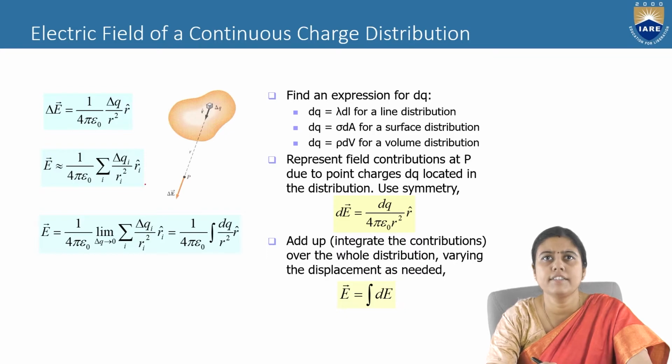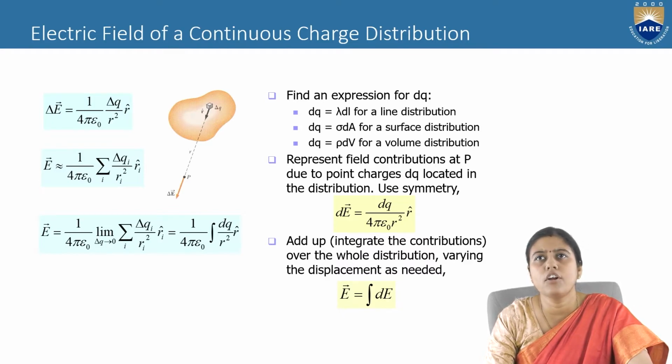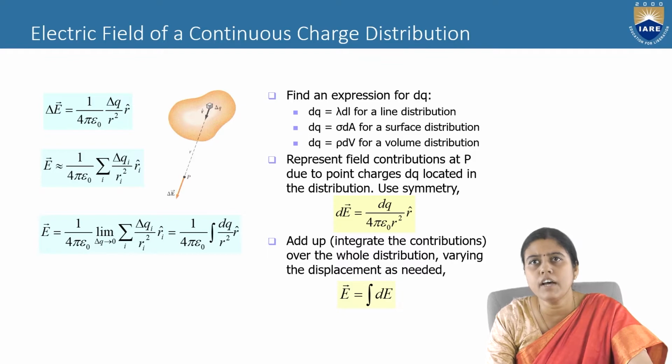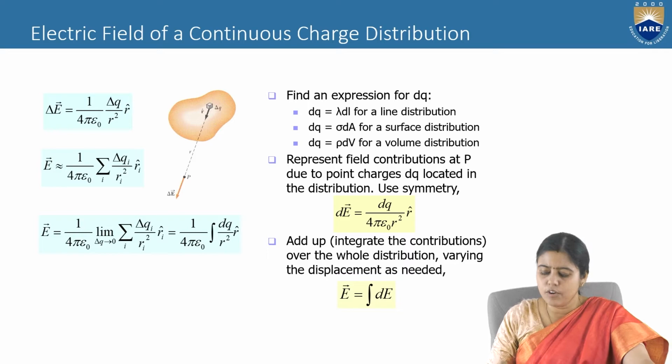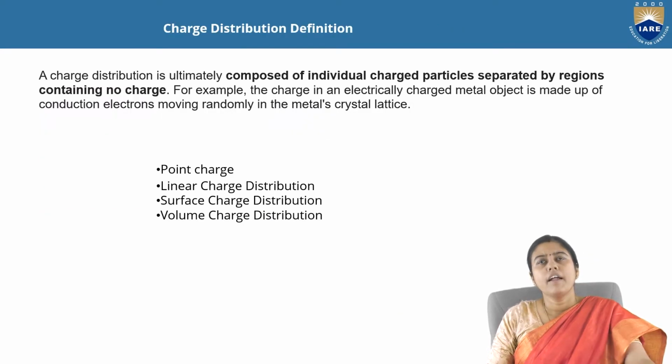R is the distance, and the limit delta Q tends to 0. And what is the total E? Total E is equal to the integration of the delta E. So dE is equal to dQ, a small charge, by 4 pi epsilon 0 r square.